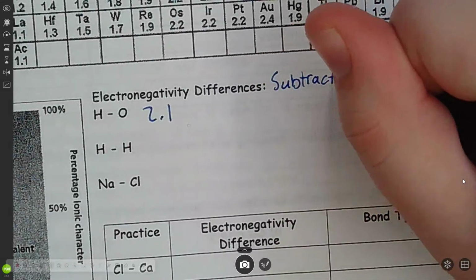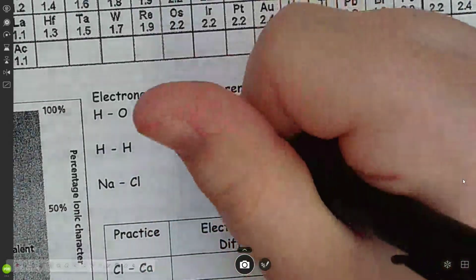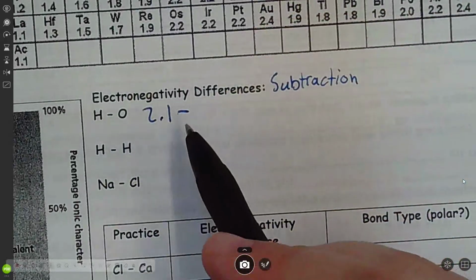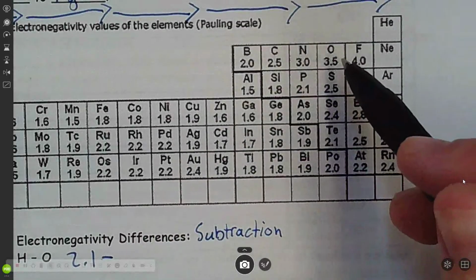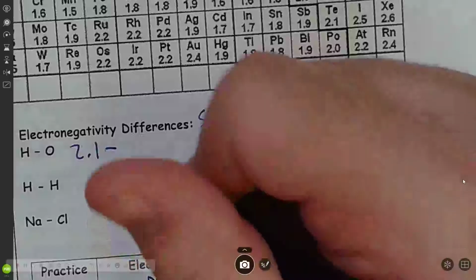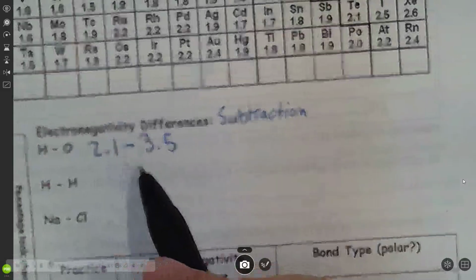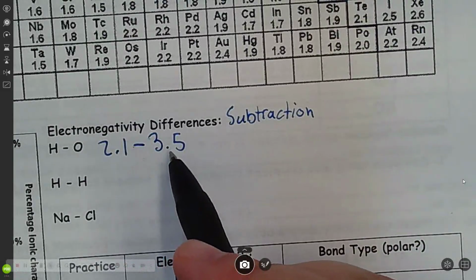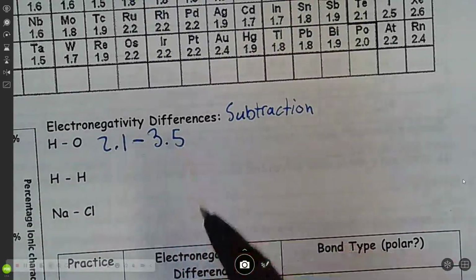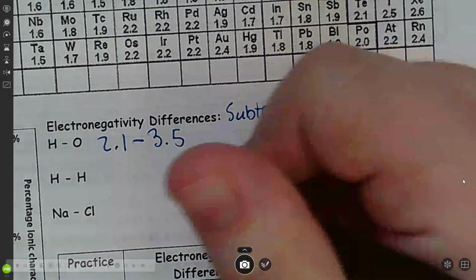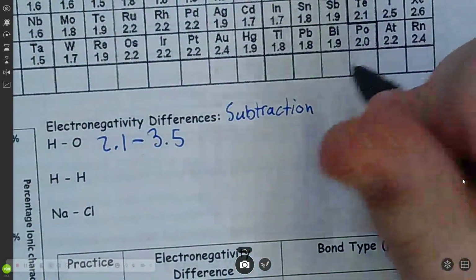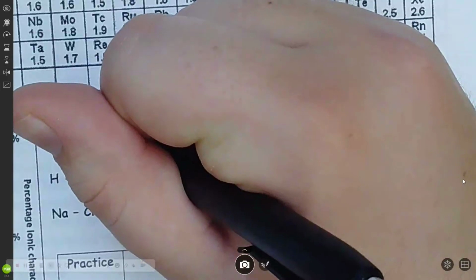So we're going to take our number for H and subtract our number for O. O has a number of 3.5, and so we'll get 2.1 minus 3.5. The last thing that we really need to know here is that there are no negative numbers.